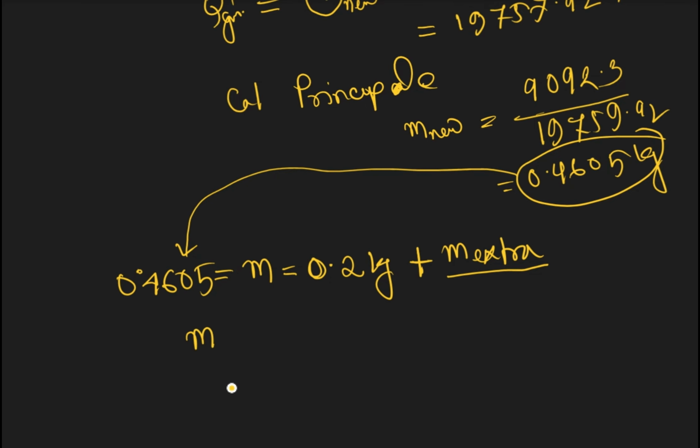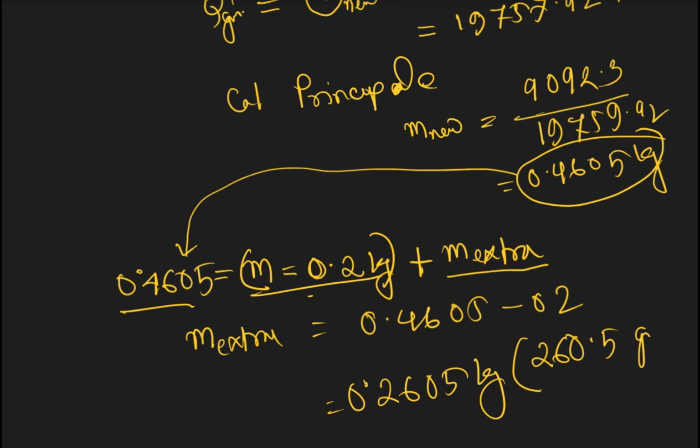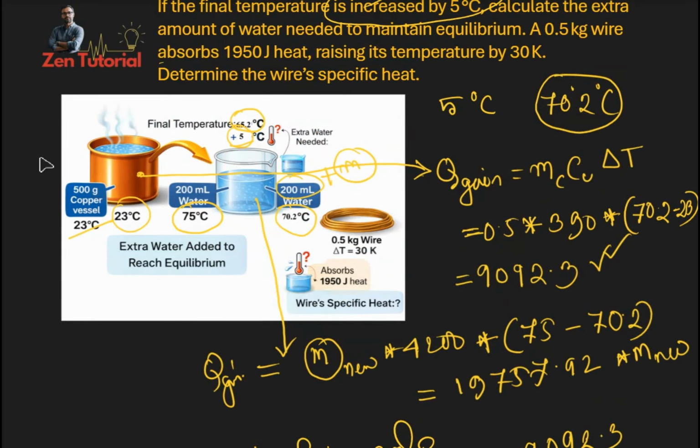So the extra amount of water is 0.4605 minus 0.2, which is 0.2605 kg, or 260.5 grams that need to be added. This is the first part of the second question.